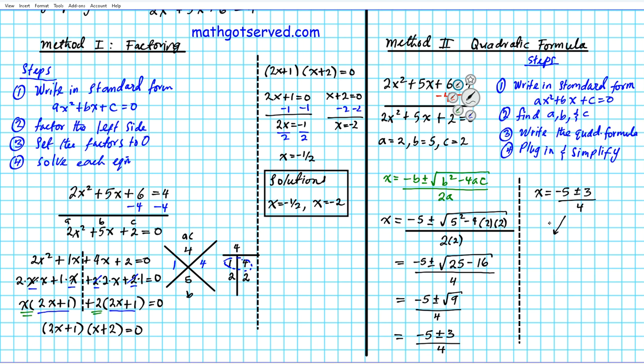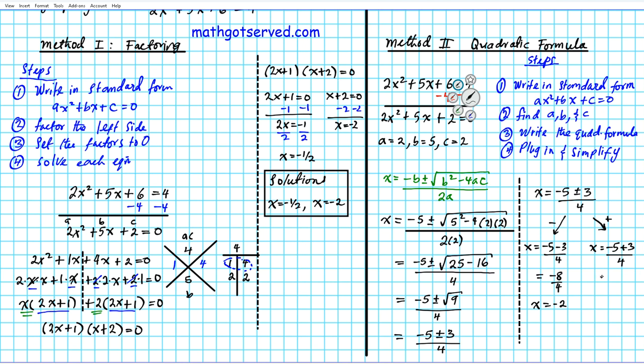So we have the minus part and then the positive part. For the minus, we have x equals negative 5 minus 3 over 4. And for the positive, we have x equals negative 5 plus 3 over 4. Let's simplify both. For this one, the numerator has a grouped operation, so we take care of that first. Negative 5 minus 3 is negative 8 over 4, which is equal to negative 2.